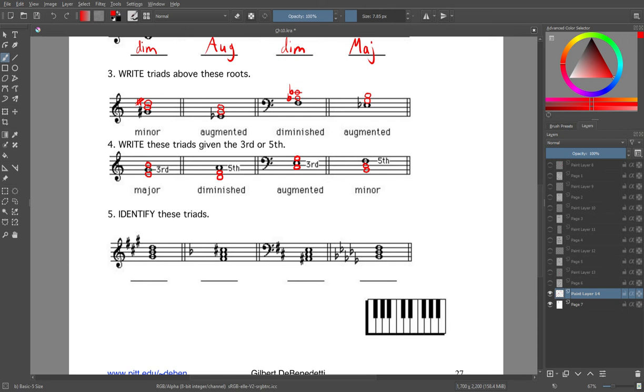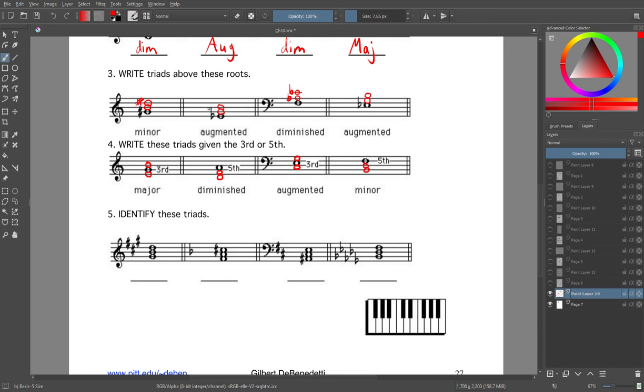So from G to B, what is our interval? From G to B, we currently have a major third. In a major triad, the top has to be a minor, because major is on the bottom, minor is on the top.